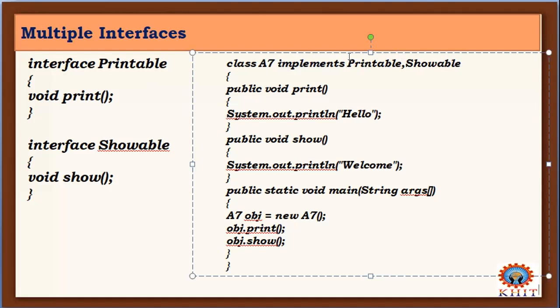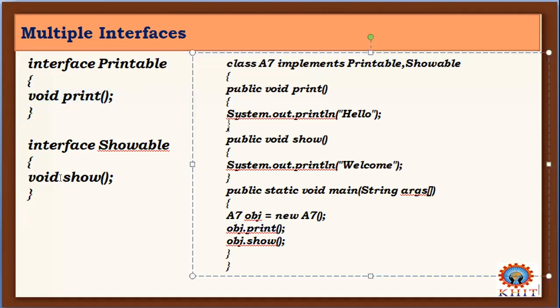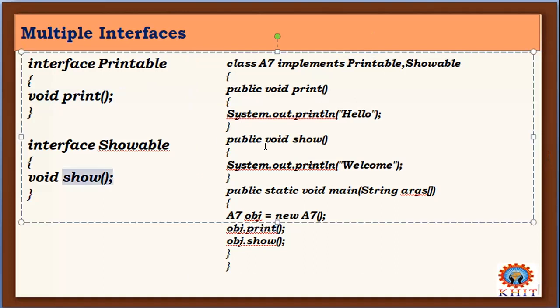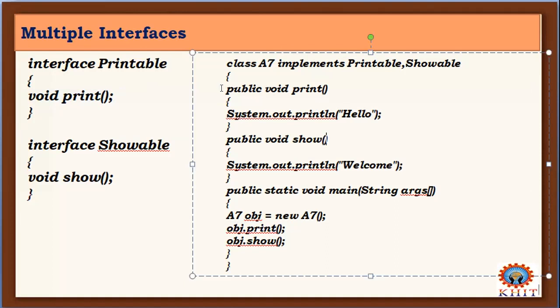Now, our task is that the Printable interface contains a method called print that can be defined in this section, whereas the Showable interface also has a method called show that can be defined in this example. So we have written the complete method, public void print.